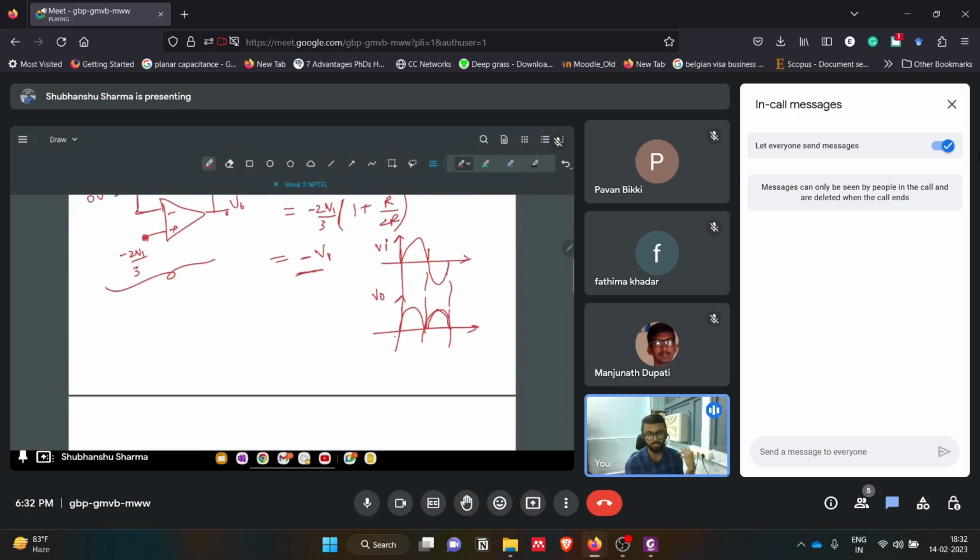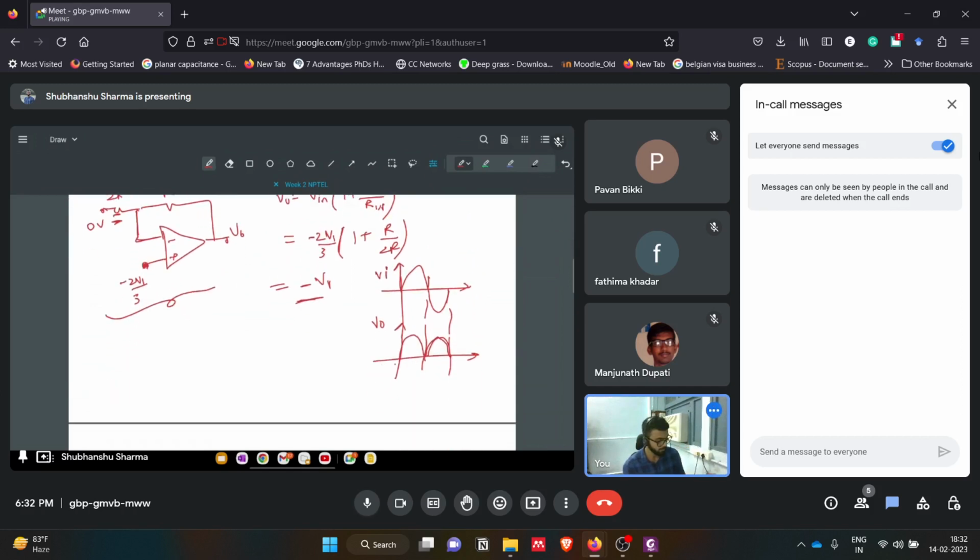Now, what if the diodes were not ideal? Then the waveform will start from some voltage, 0.7 volt, let's say for the diode. So the waveform will start from this and it will be like this.